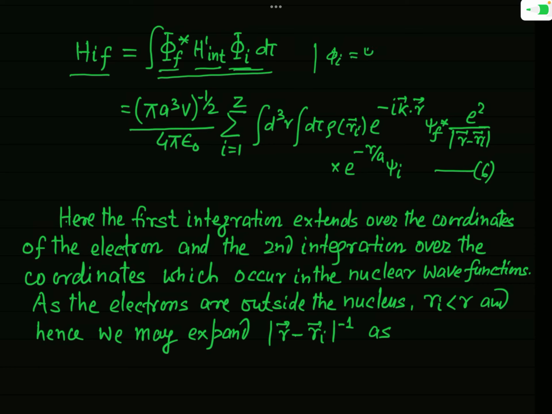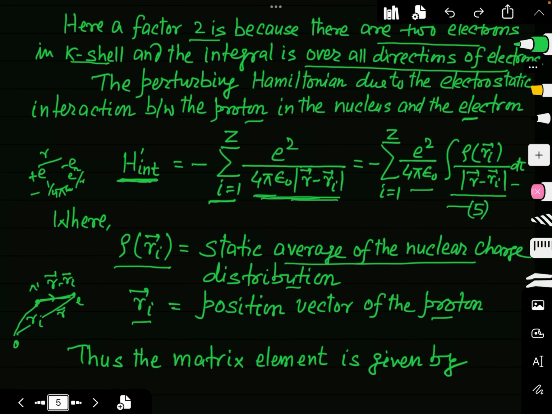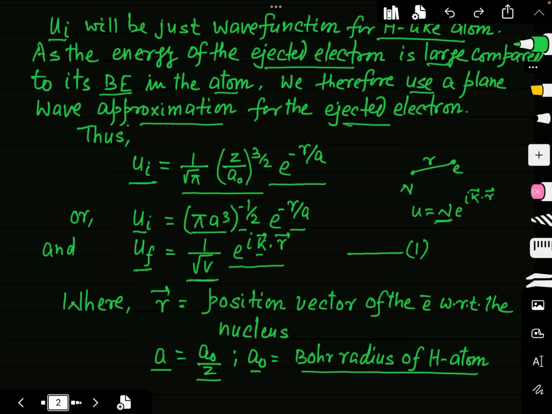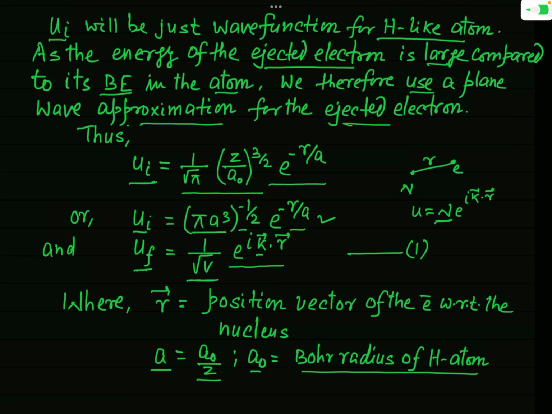This phi i is psi i times u i, and you have written this psi i remains the same. And you have seen that this u i is equal to what? You can see I have mentioned the value of u i here. So this u i is this much, and at the same time you can see that u f is this much.